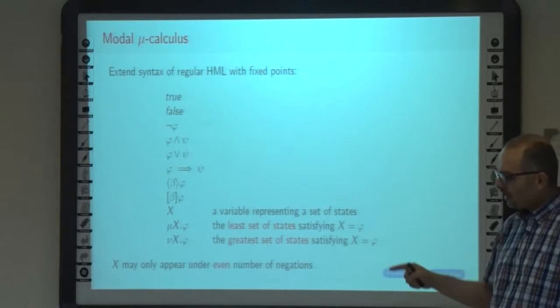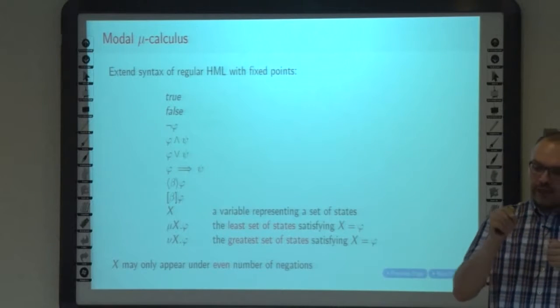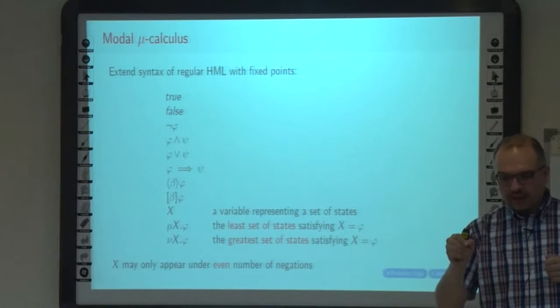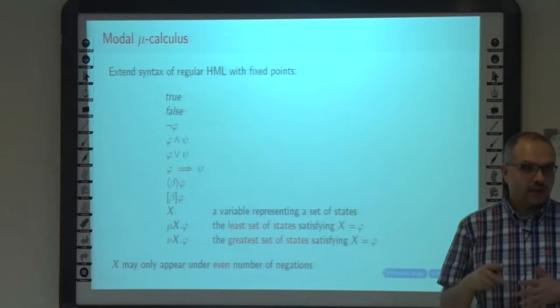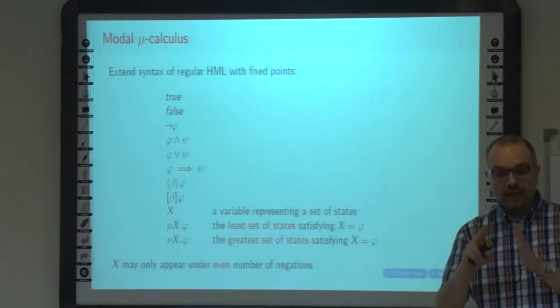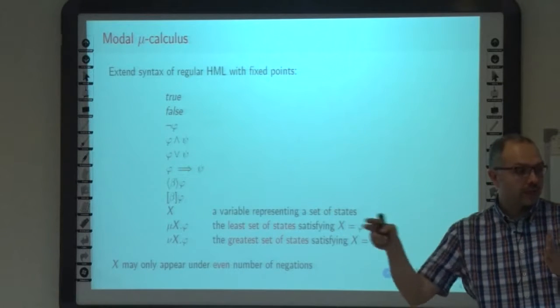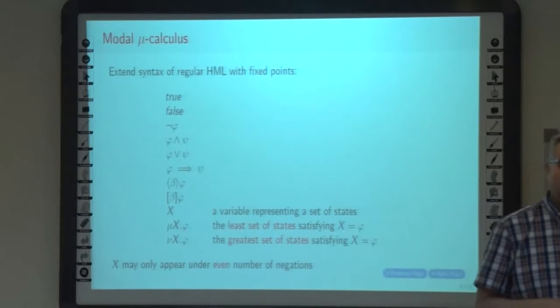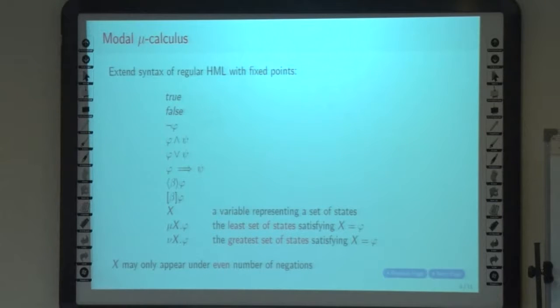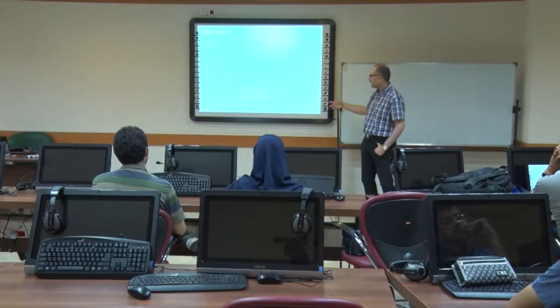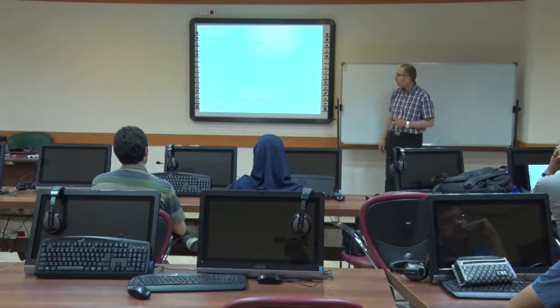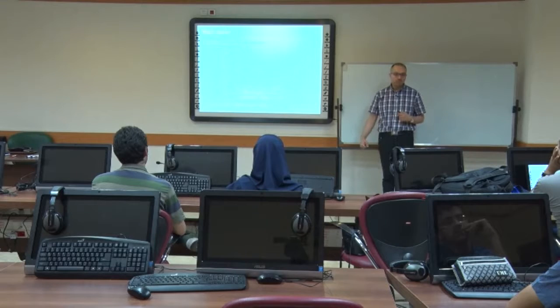So you cannot have mu x and then one negation and then another nu x and then another negation and then x. An odd number of negations, so 3 times negation or 1 time negation. But that's something by which the fixed point construction should work. If you do not satisfy this, then you may not have a unique fixed point, minimal or maximal.